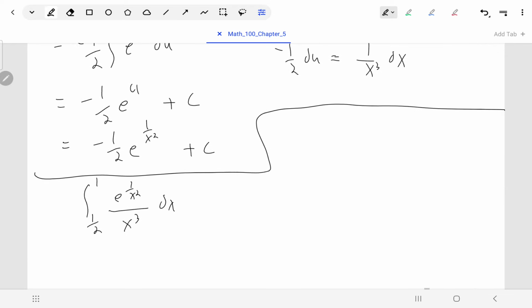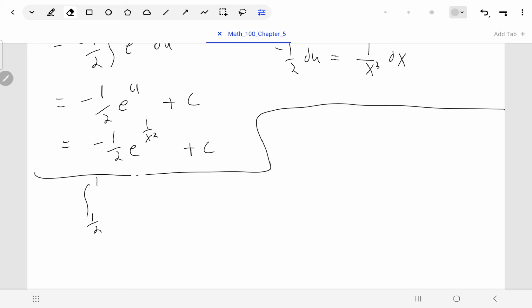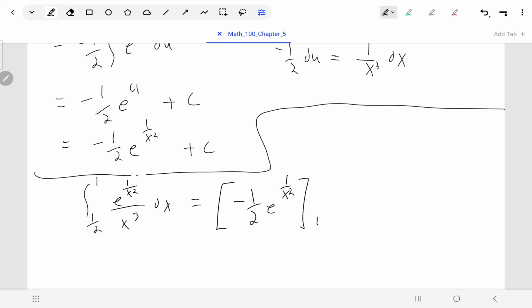so if I'm looking at that definite integral that we started with, the e to the 1 over x squared all over x cubed, going from 1/2 to 1, I know that I just need to find any old antiderivative, and there we go, we found one. There's my antiderivative. And I would need to evaluate it going from 1/2 to 1.